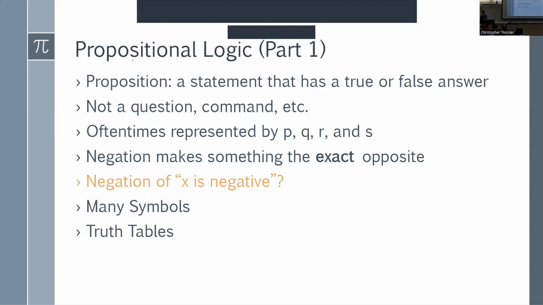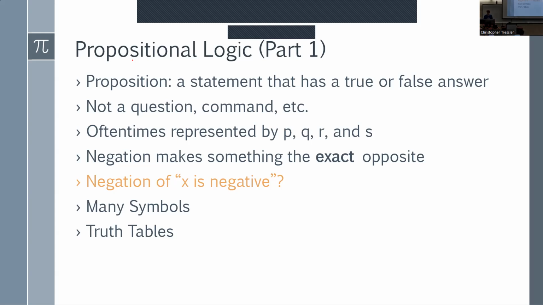However, if I were to say the capital of Florida is Tallahassee, that would be a proposition because that has a value that we can say is true. Now, if I were to say, tell me the capital of Florida, that is a command. Therefore, that is not a proposition. Finally, if I were to say the capital of Florida is Miami, that would still be a proposition. That would just be a false proposition. So once again, propositions can be true or false, but they cannot be anything else. They're not questions, not commands.